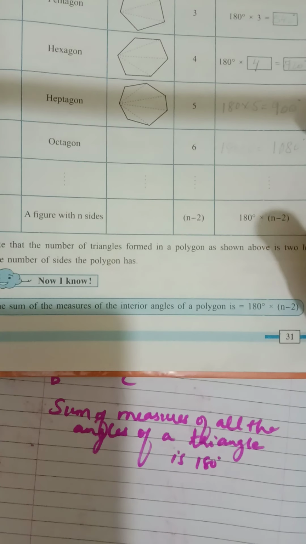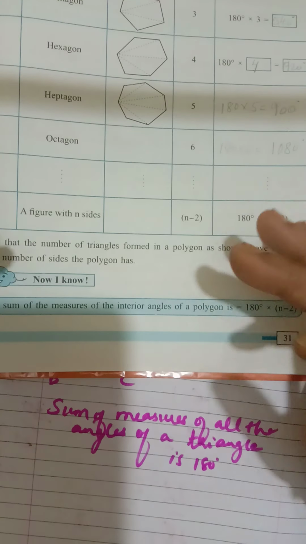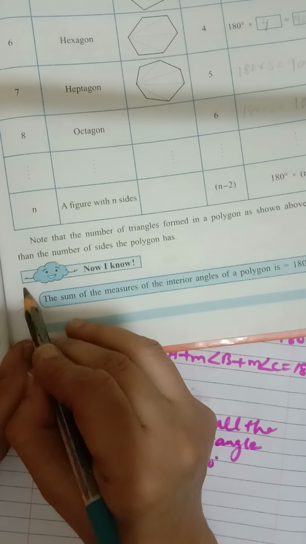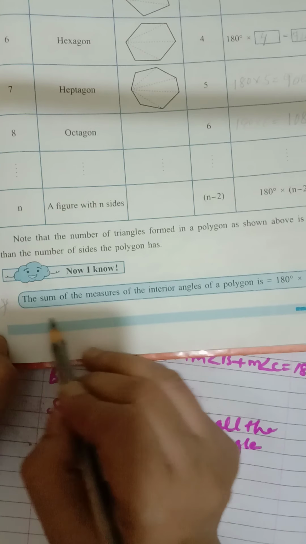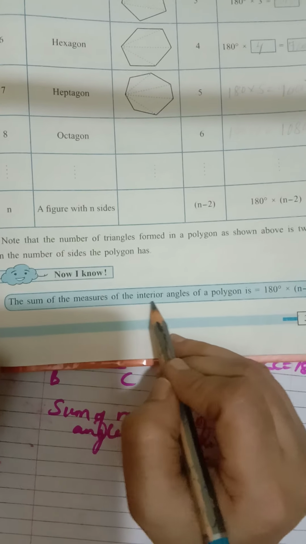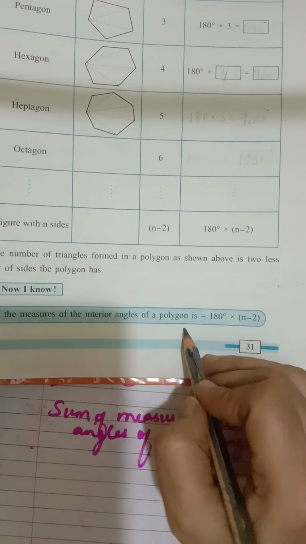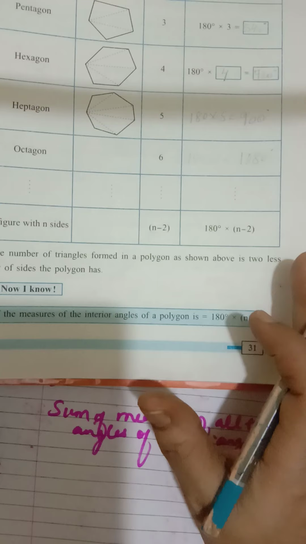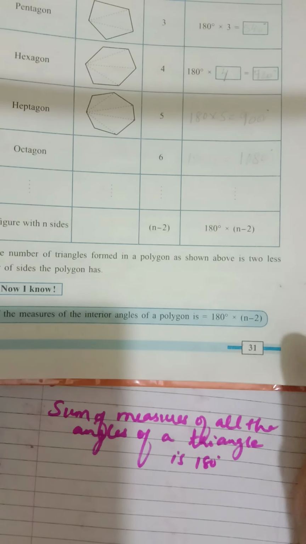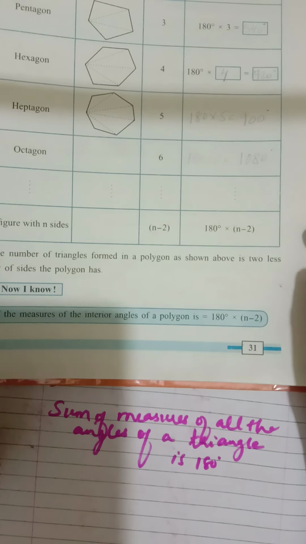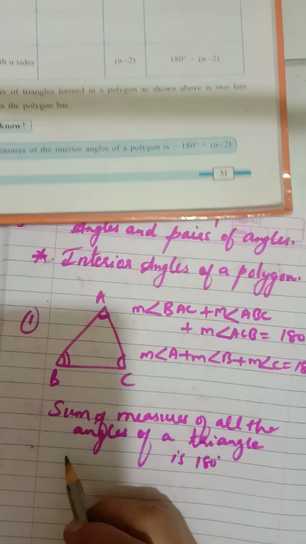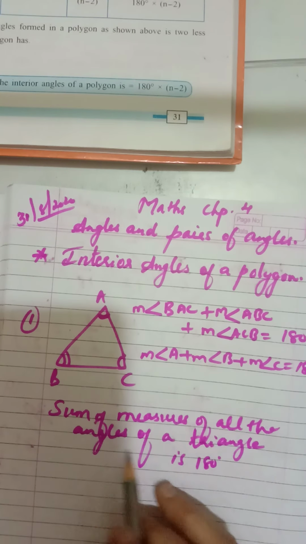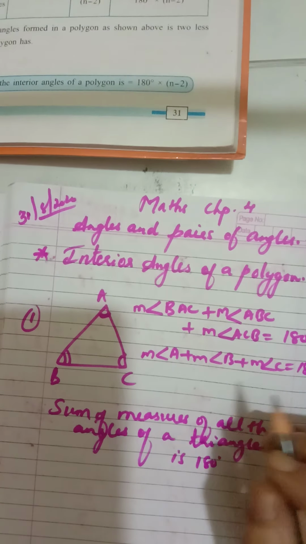Below the table, make a star, this is an important point, and copy it: the sum of measures of the interior angles of a polygon is 180 degrees into n minus 2. You have understood, so just copy down and learn this important definition. First write interior angles of a polygon, draw this, copy this, then the table, and then the last point. Clear?